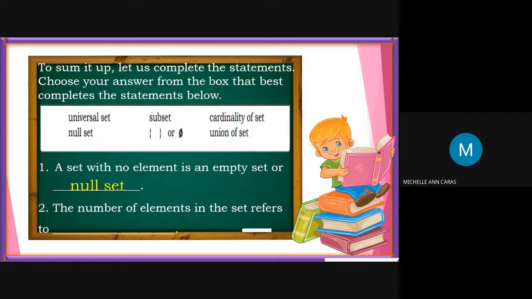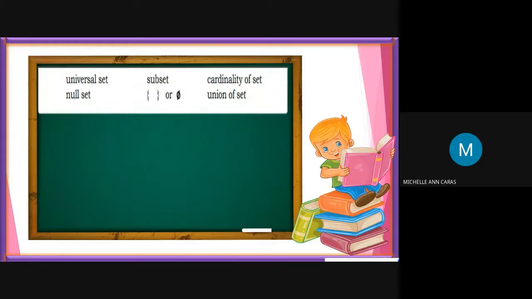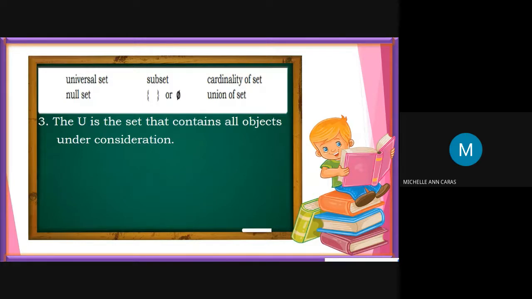Okay, next, number 2, the number of elements in the set refers to a cardinality of set. Okay, number 3. Set U is the set that contains all objects under consideration. Ang answer diri class is a universal set.